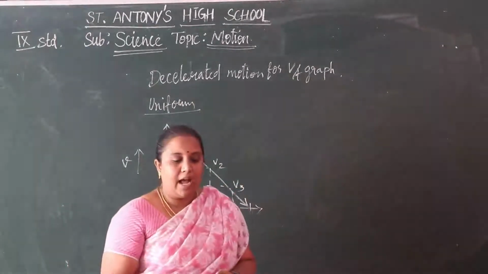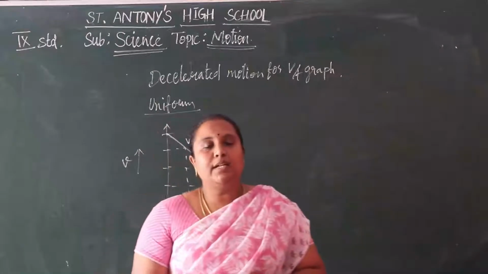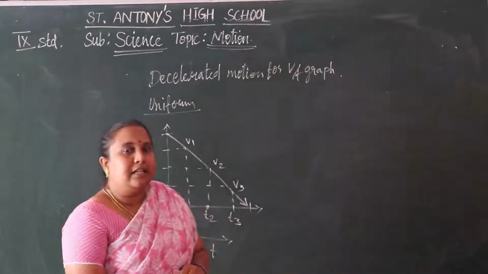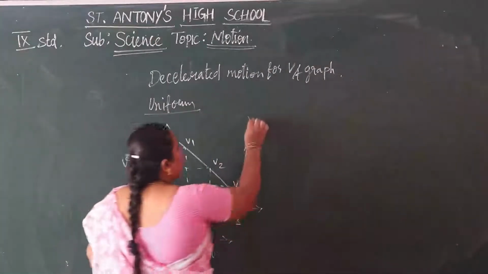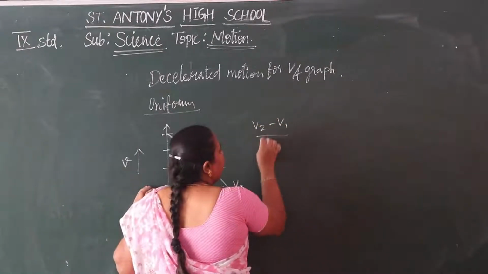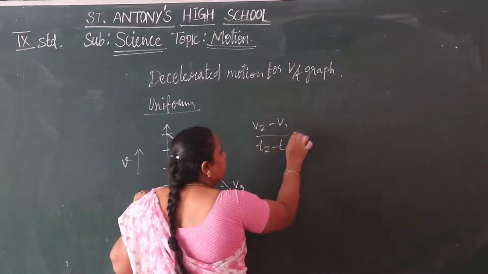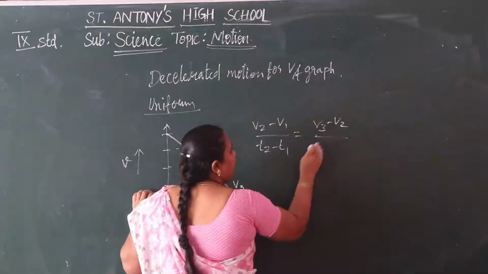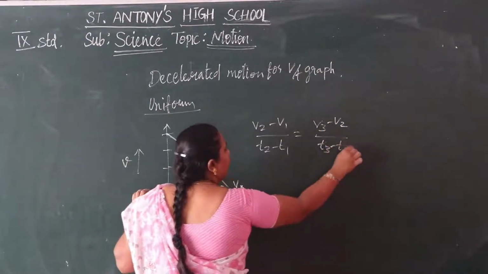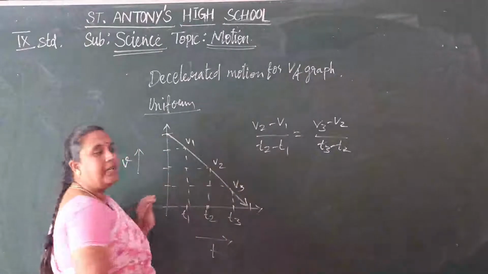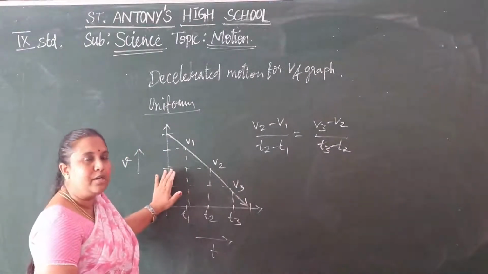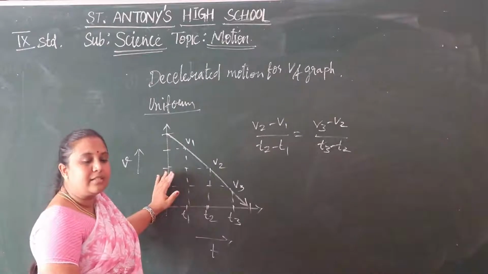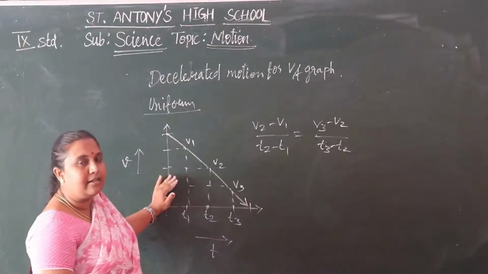Both are equal in uniformly decelerated motion: (V2 − V1)/(T2 − T1) equals (V3 − V2)/(T3 − T2). So all are equal in uniformly decelerated motion, and we mention this as negative acceleration.